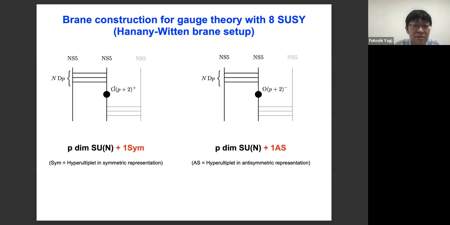If we use the O-plus plane, we can create a hypermultiplet in the symmetric representation. And if we use the O-minus plane, we can construct a hypermultiplet in the antisymmetric representation. So by using orientifold planes, we can create various types of supersymmetric gauge theory.